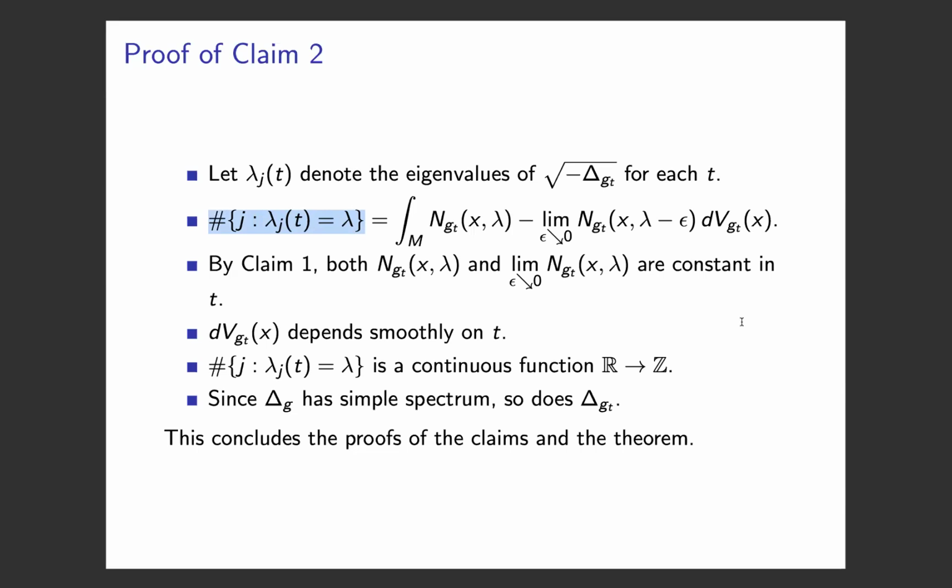If it starts off never more than 1, then it can't be anything more than 1 for any particular t. Because we start with a simple spectrum, once we perturb the metric, we continue to have a simple spectrum. Okay, and so that concludes the proofs of the claim and the theorem.